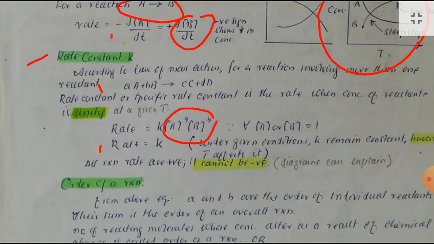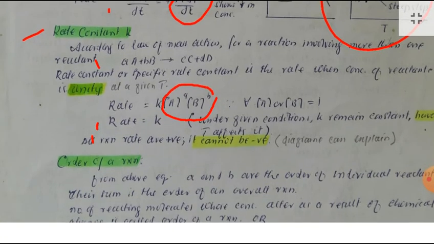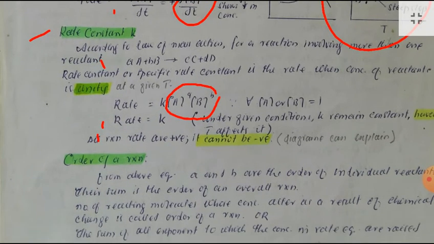So when we talk of order of a chemical reaction, order is basically the concentration which increases the rate of reaction. There can be a zero order reaction, which is independent of concentration. We can have a first order reaction in which the rate is dependent on only one species, and we have a second order reaction, a third order reaction.